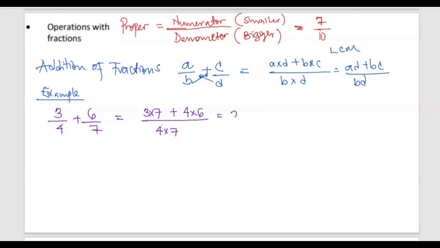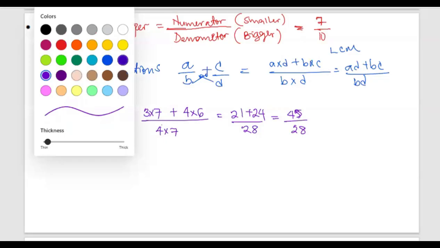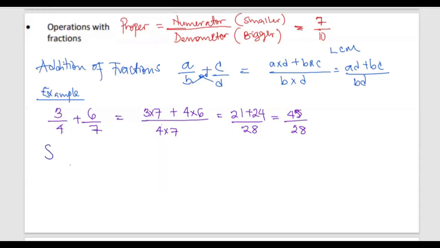So this will lead us to 21 plus 24 over 28. The answer here is 45 over 28. So this is your final answer. This theory will also apply when we are subtracting fractions.